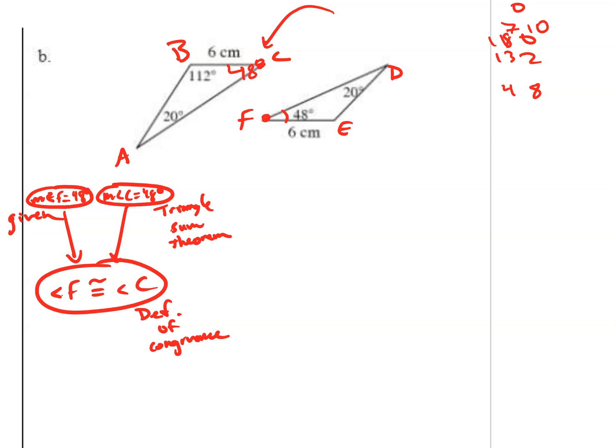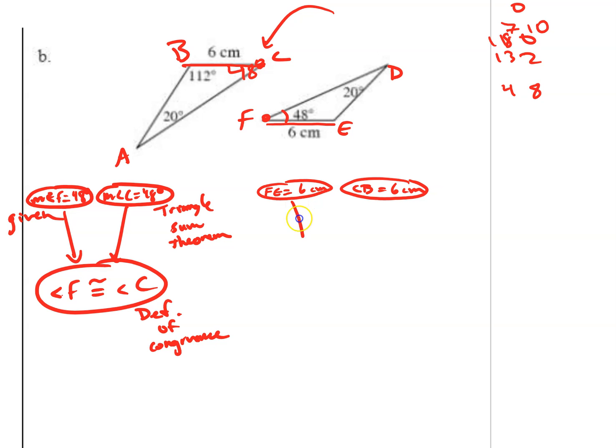Okay, next we need to pick out two other corresponding parts. So I see these two side lengths, FE, which is 6 centimeters, and that corresponds to CB, which is also 6 centimeters.